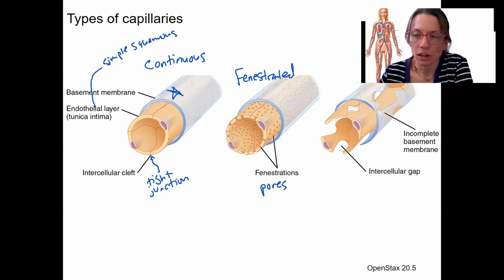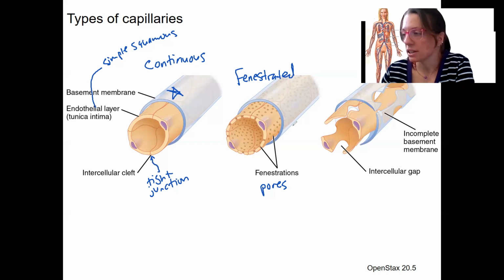So more rapid exchange can occur faster, and then larger things like peptides. For example, in the portal system of the pituitary gland, these are going to exist to allow for those hypothalamic releasing hormones to get to the anterior pituitary through those capillaries.